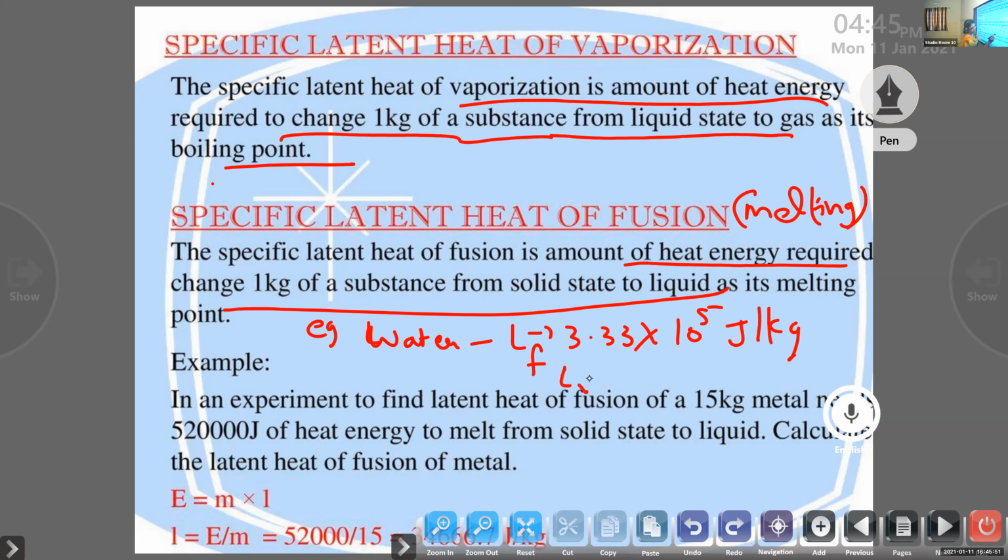And latent heat of vaporization, LV, for water is almost 22.6 into 10 to the power of 5 joule per kg. So we only have to learn this latent heat of vaporization.